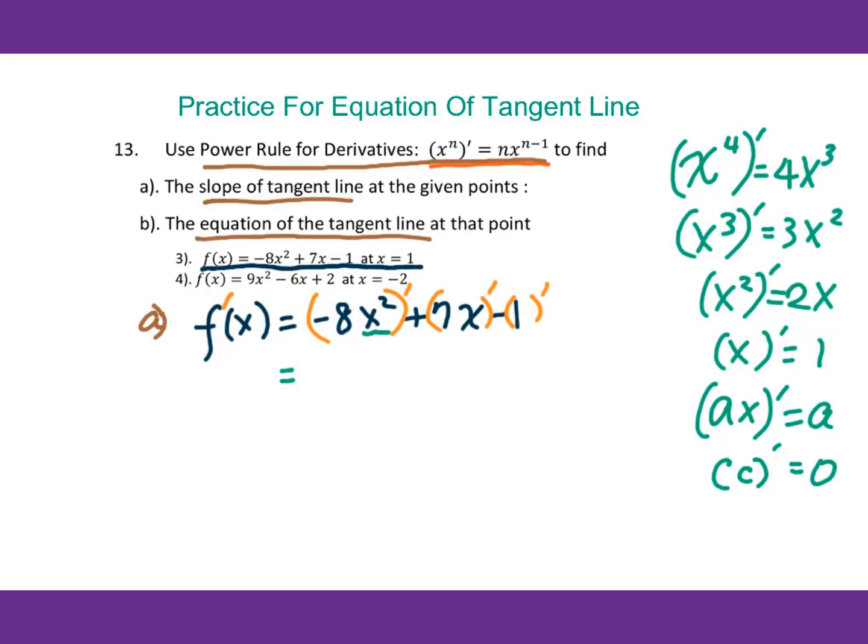We got negative 8 times 2x. Then plus, this is a 7 because that's linear function. Then this will be 0. You don't have to write down. We organize, we got the negative 16x plus 7.